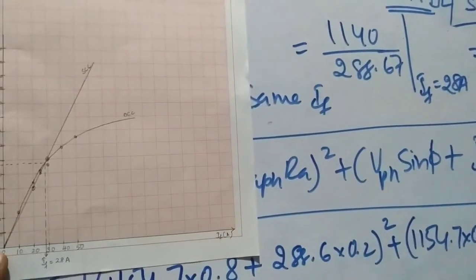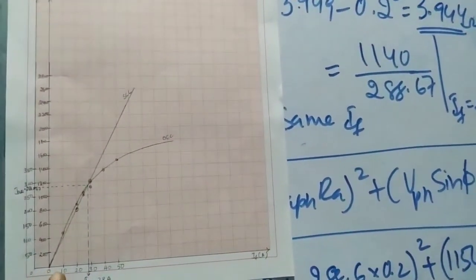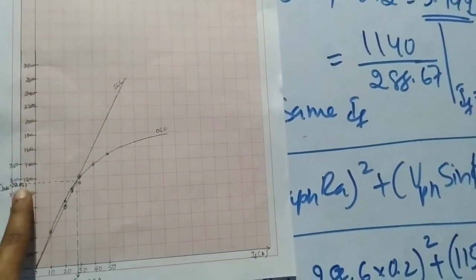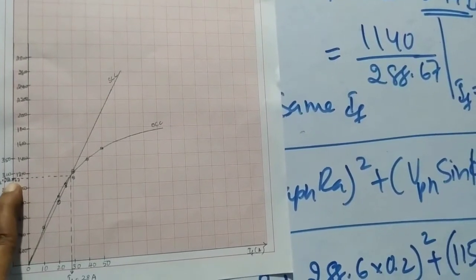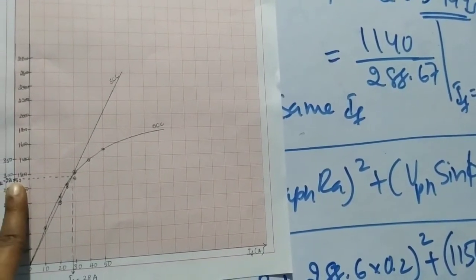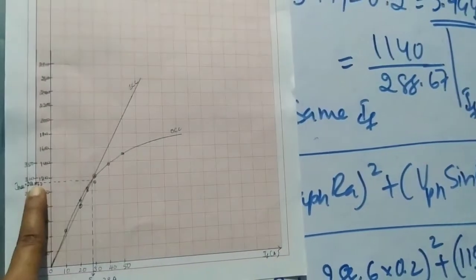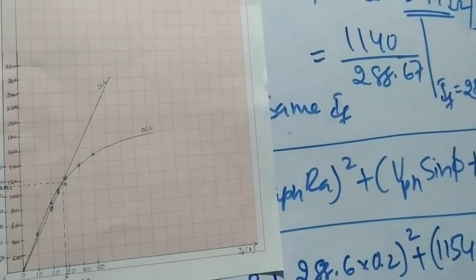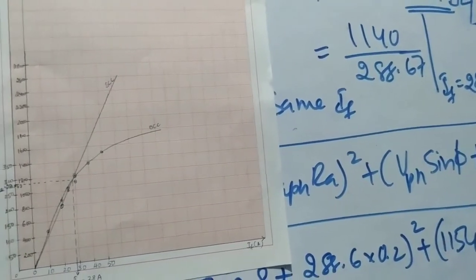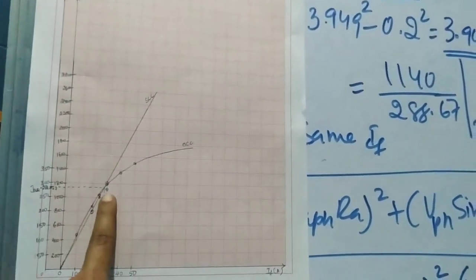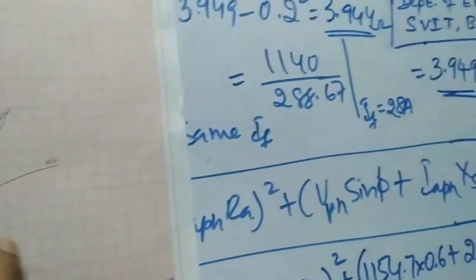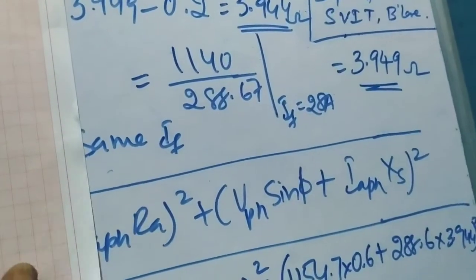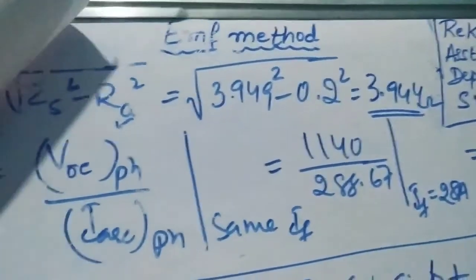First we have to plot the SCC curve, then the 288.67 you got from the formula VA divided by √3 VL, that corresponding current intersects with the SCC and gives the value of IF, and for the same value of IF we have to obtain the corresponding VOC phase.